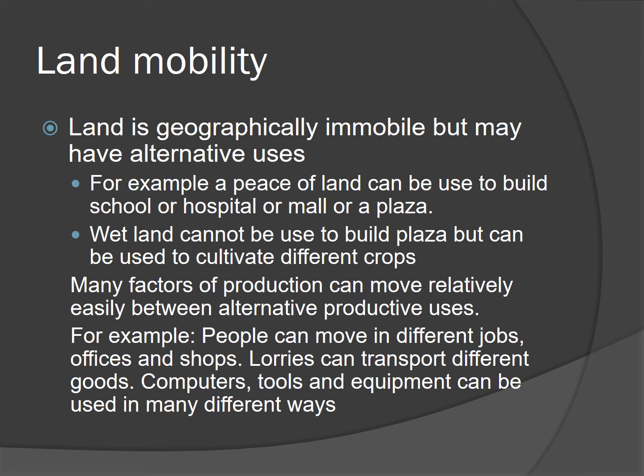Many factors of production can move relatively easily between alternative productive uses. For example, people can move in different jobs, offices, and shops. Lorries can transport different goods. Computers, tools, and equipment can be used in many different ways.